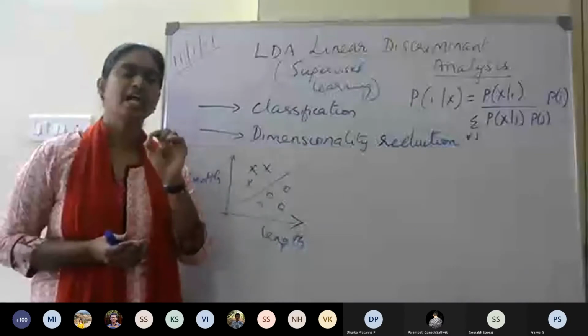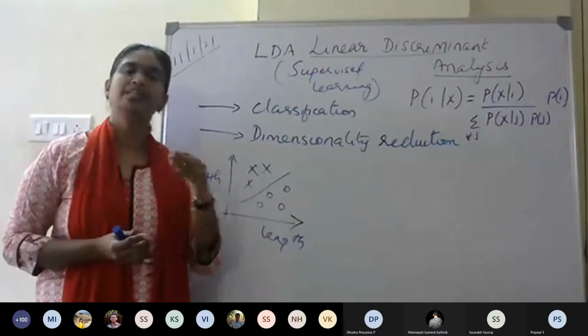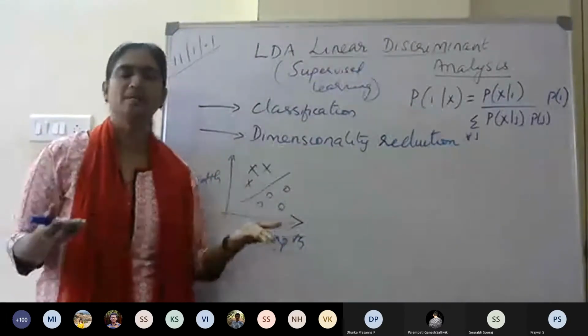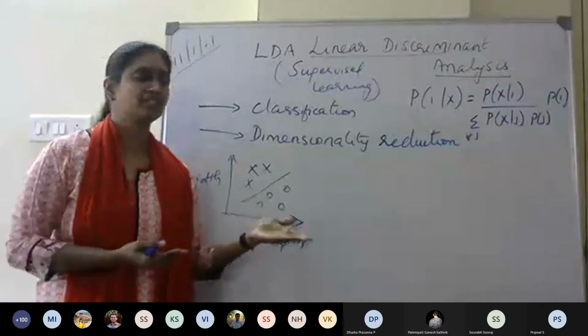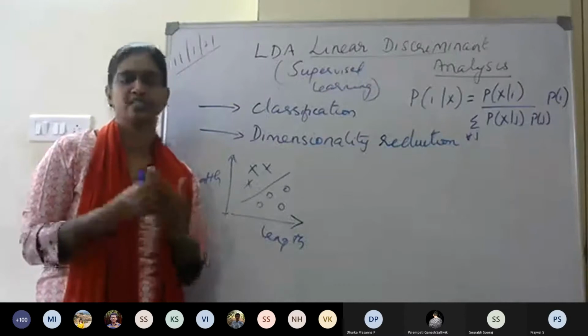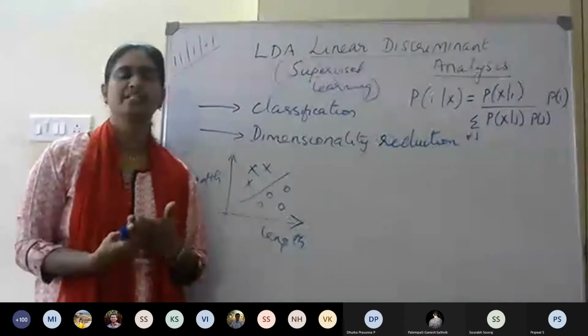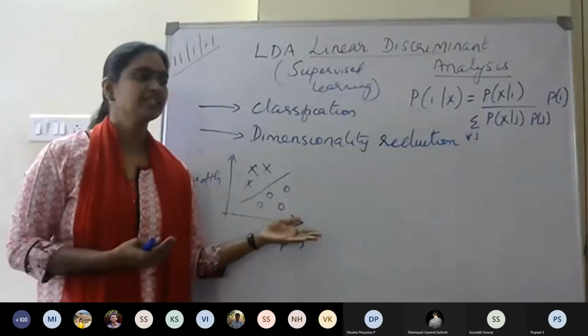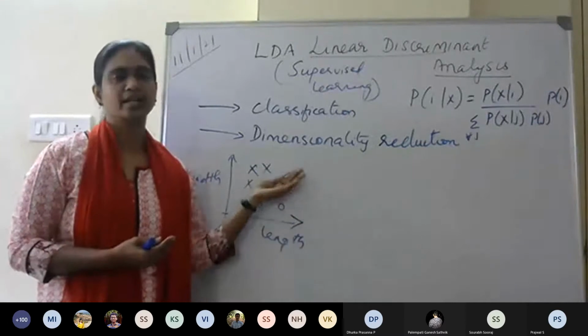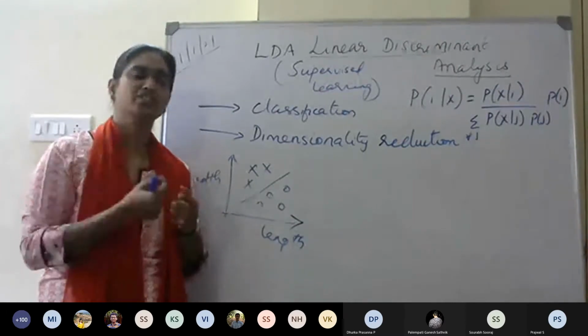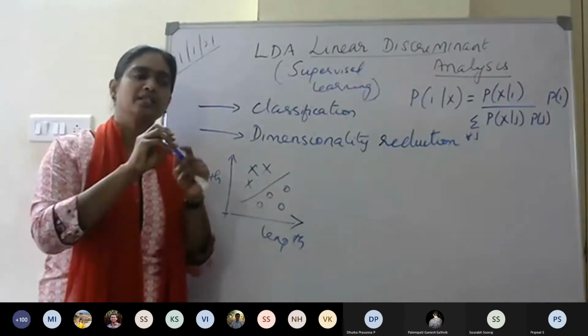So when my number of features increases, the dimension increases. When we say dimension, what it means is that each feature, when represented in a mathematical notation in a Cartesian coordinate system or any coordinate system, is mapped to one particular dimension: x, y, z.